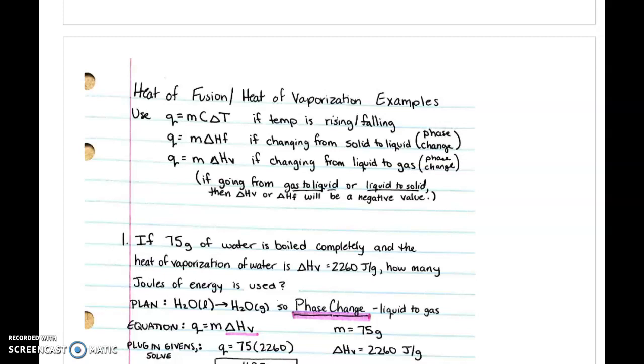It's a liquid, or it's a solid, or the substance is a gas, but we are not changing phases. The other 2 are for when we are changing phases. Like I have there, if it's going from a gas to a liquid or a liquid to a solid, then it's going to have a negative value. So we're going to see how we use that as we go through these example problems.